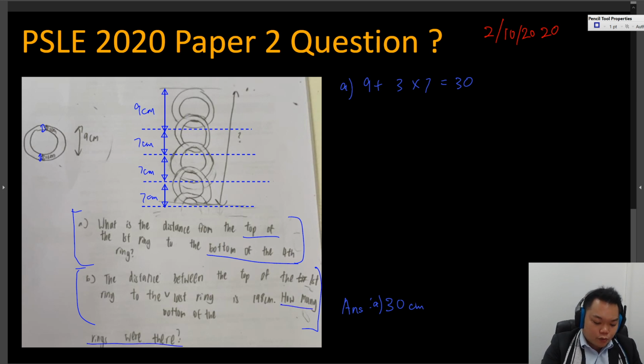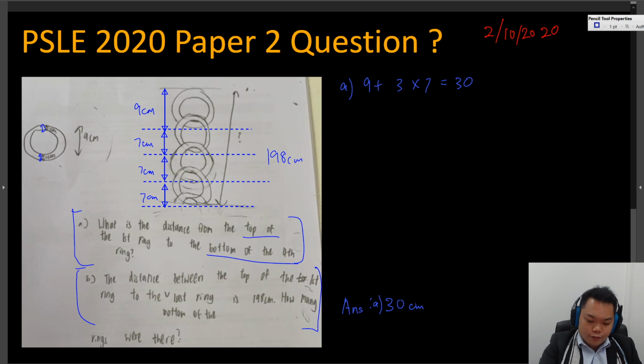How many rings were there? So to deal with this, you are now given the distance from here to the bottom of the last ring. This is 198 cm.